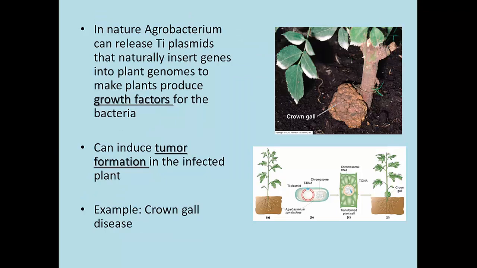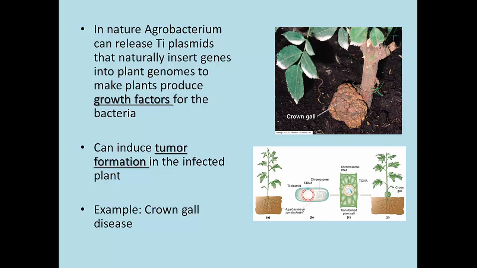Here's an example, sometimes referred to as crown gall disease. These will sometimes occur near the base, they can occur on stems, other places, but that is basically like a plant tumor, and it apparently results from these infections with the bacteria.